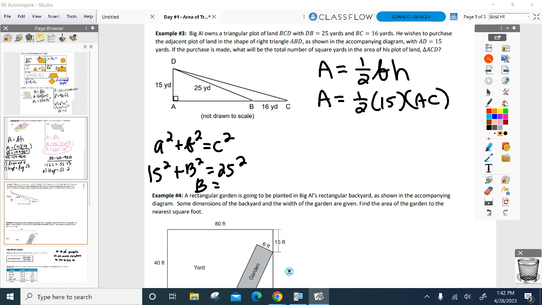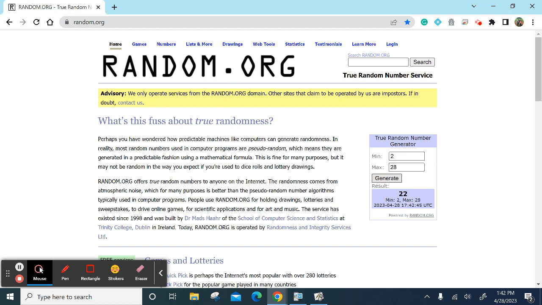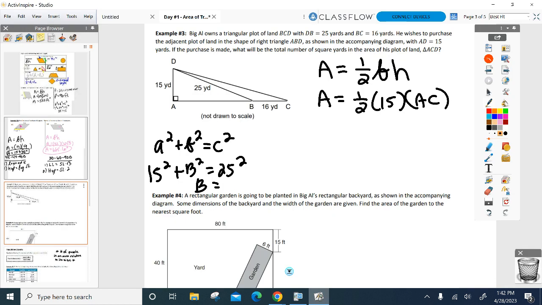When you have B, let me know. The value of B here is 20. But again, that's not what I plug into the formula, right? AC is not 20. I'm going to plug in 36.